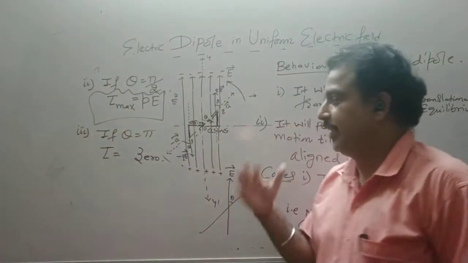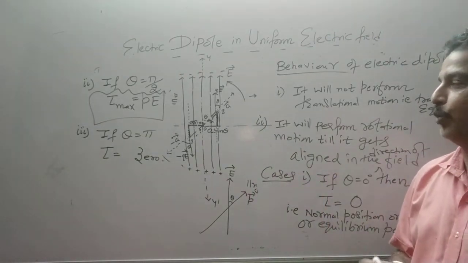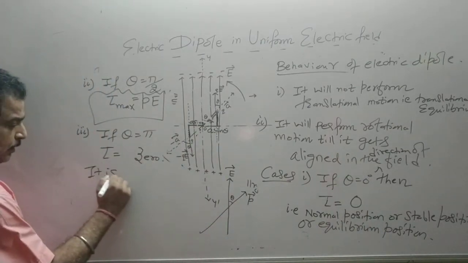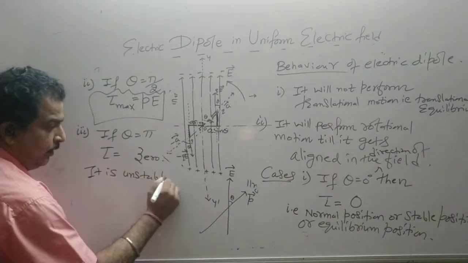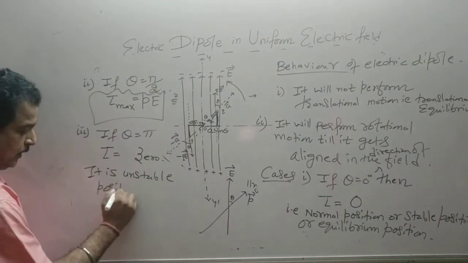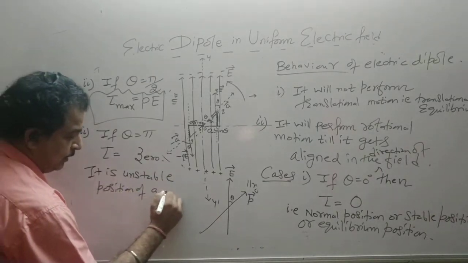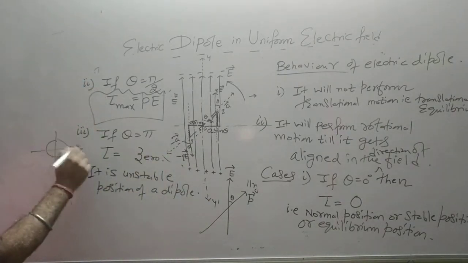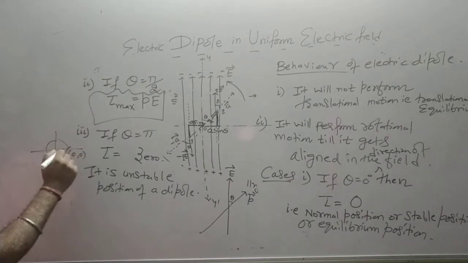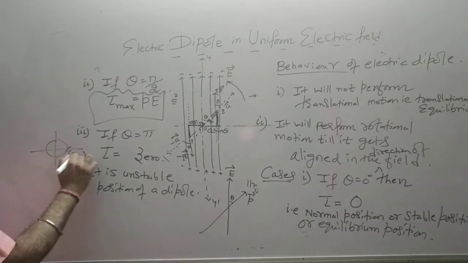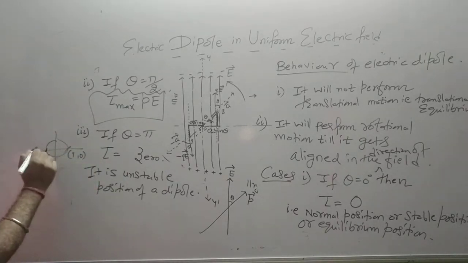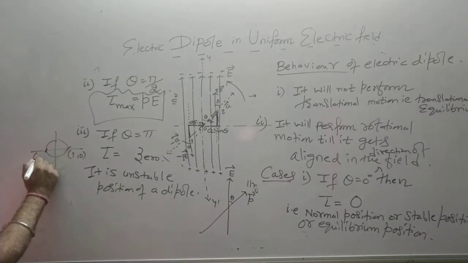So it is the most unstable position, and it is called unstable position of a dipole. साइन 0 is 0, 90 is 1, 180 is 0, 270 is minus 1, 0.